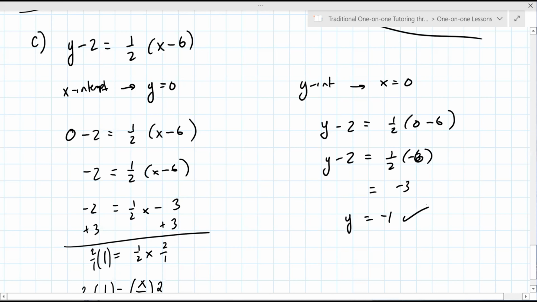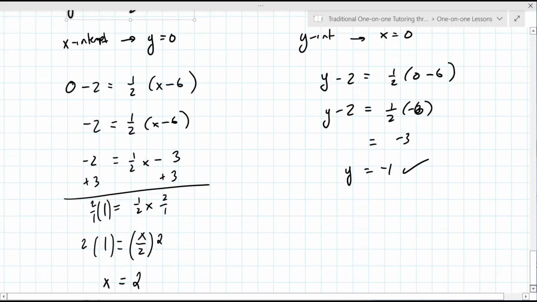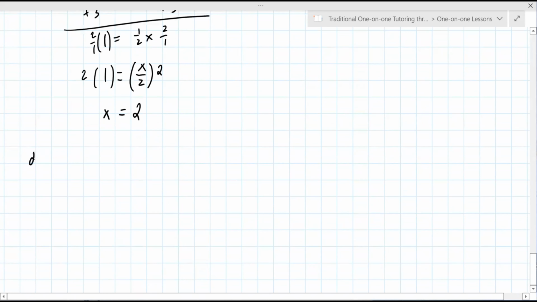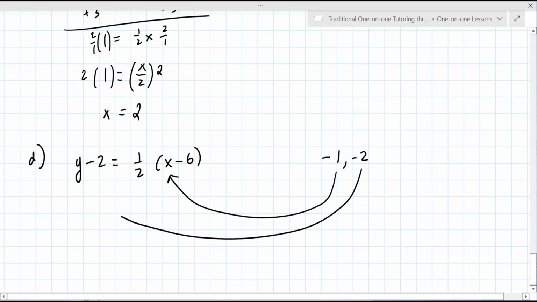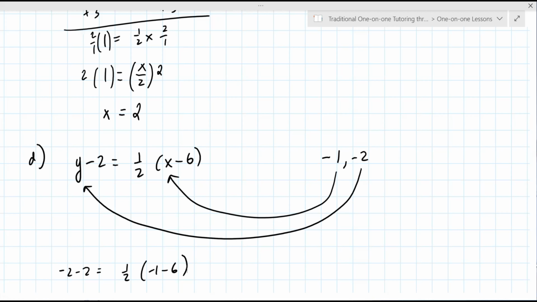Good. Okay. So part D asks if a certain ordered pair is on the line. It wants to know if -1, -2 is on the line. So you have to put that value in for x and that value in for y and see if they're equal. All right. y minus 2 equals 1/2 times... And I'm just drawing out what you drew there on my notes.